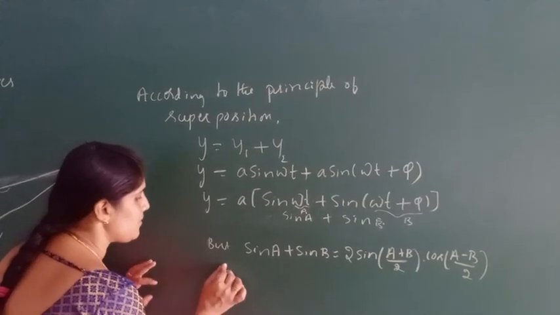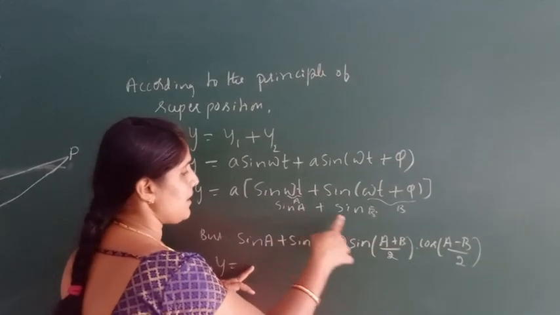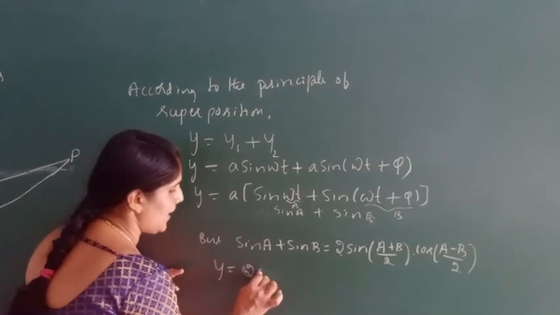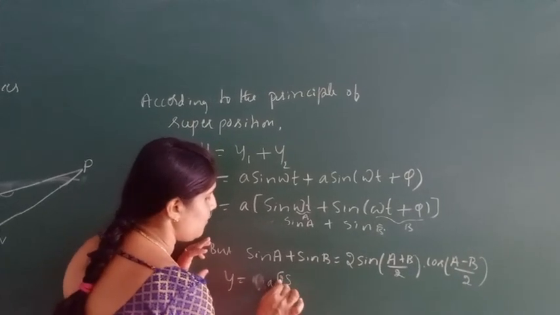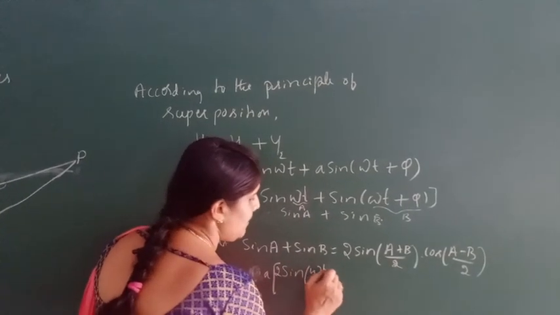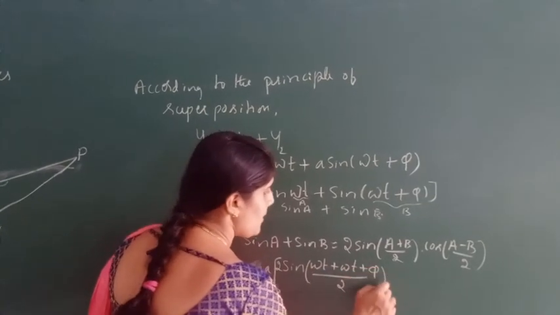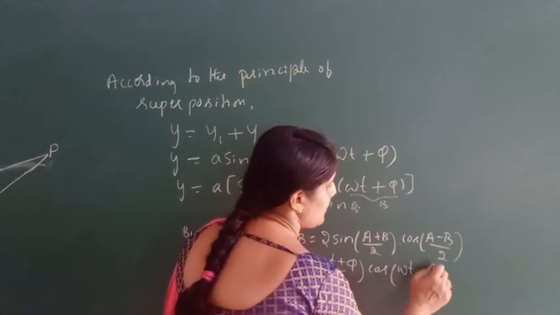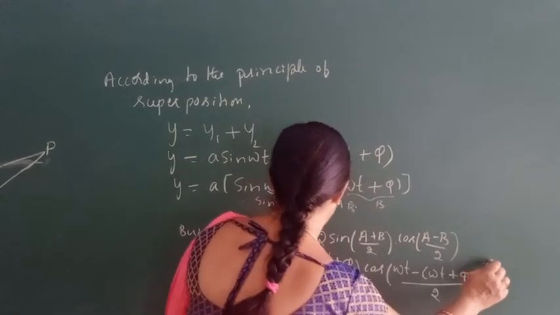So this equation becomes y is equal to a into 2 sin of A plus B by 2 into cos of A minus B by 2, where A is omega t and B is omega t plus phi.